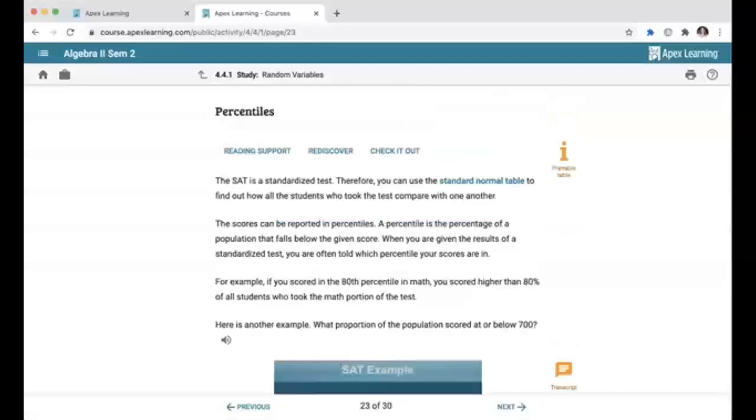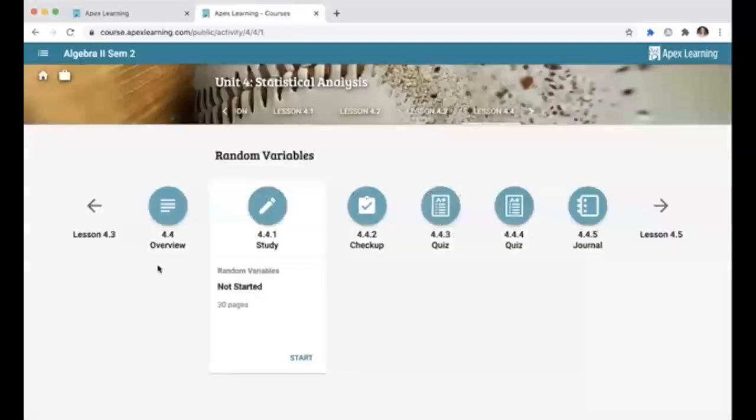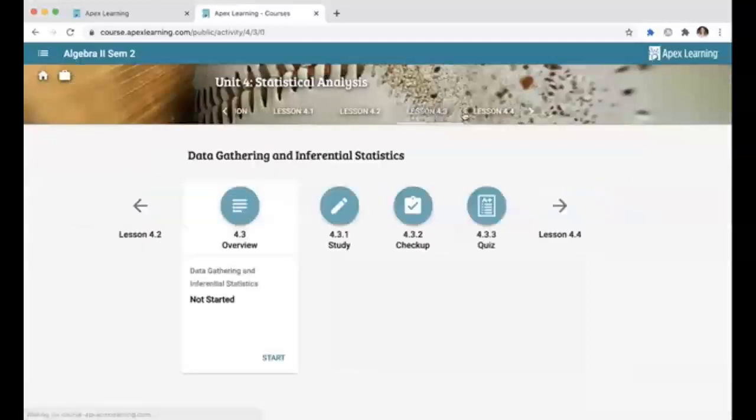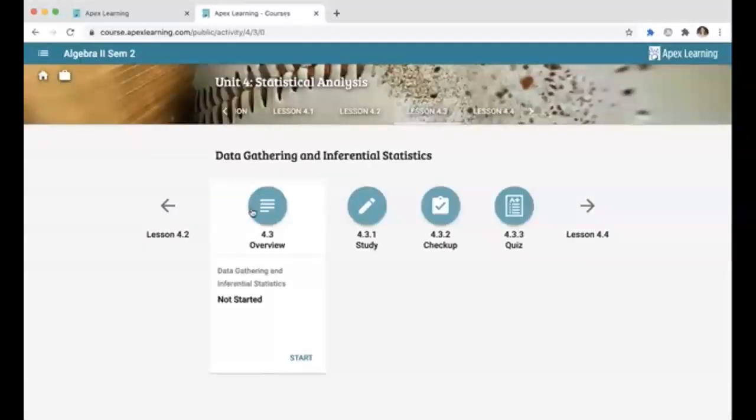We only got to about page 23 out of 30 due to a lot of tech errors, so I do apologize, guys. Today you're only covering 2 units. We went over 4.3, and you've got that one quiz.